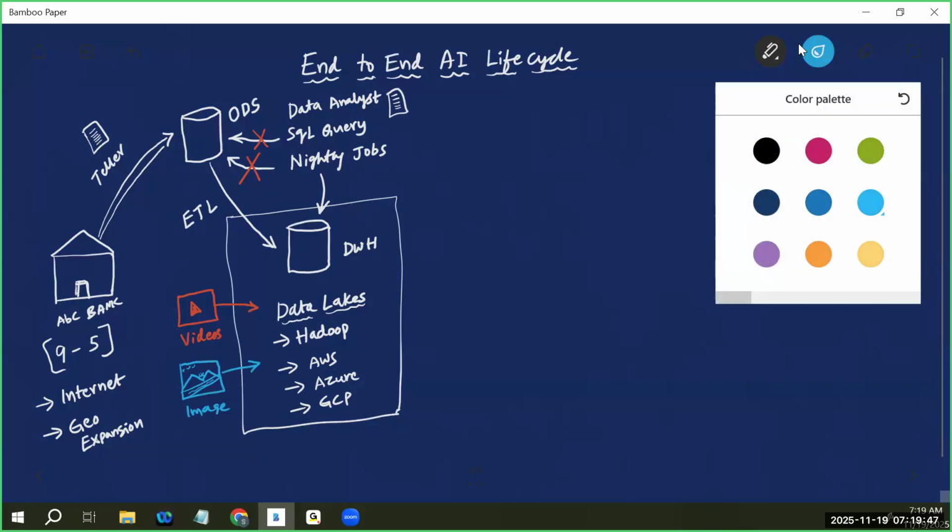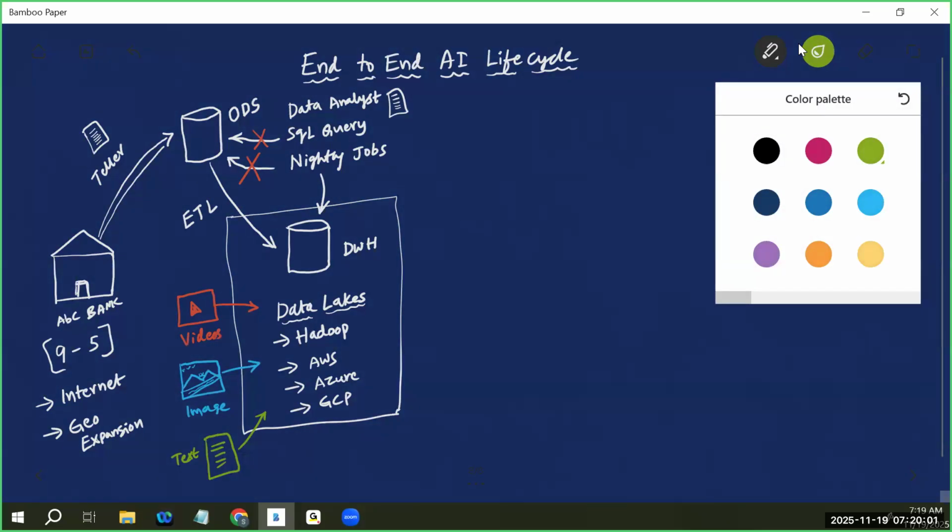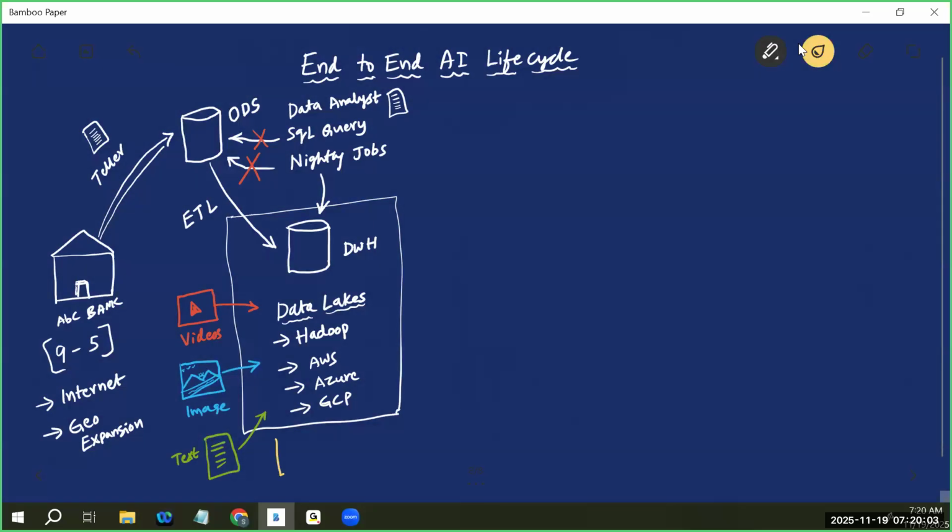Then what else? You can store documents. You could store some log data or text data. These I can call text documents. You can store log information. Logs can be system logs, operational logs, all those log data.